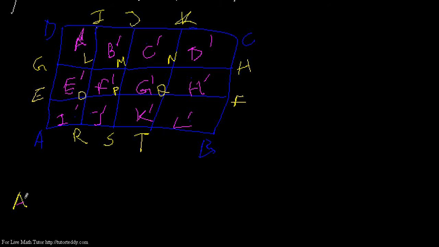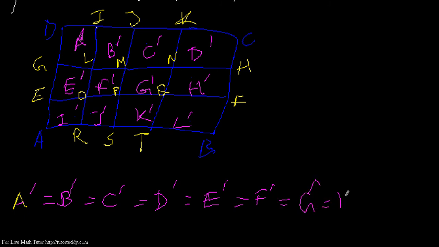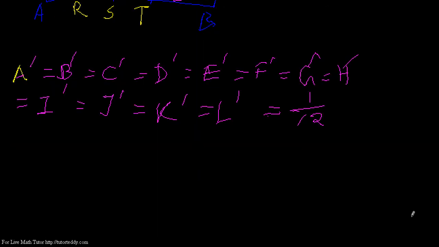So all these A prime equals B prime equals C prime equals D prime equals E equals F equals G equals H equals I equals J, K, L. All these are equal to 1 by 12, right? All these are 1 by 12.